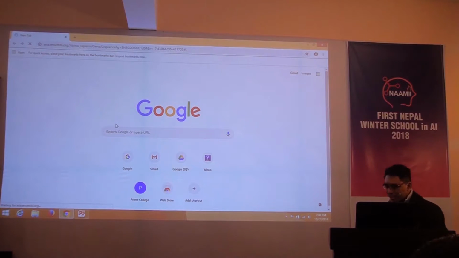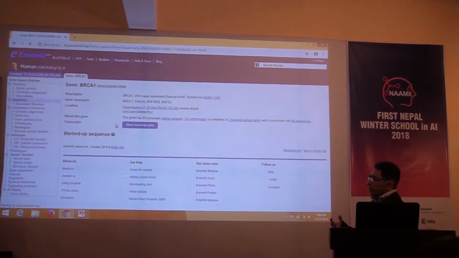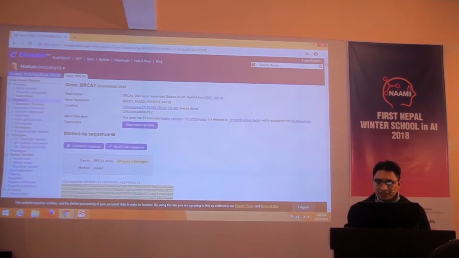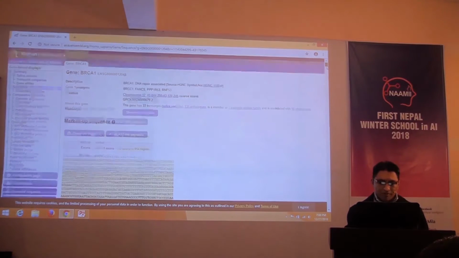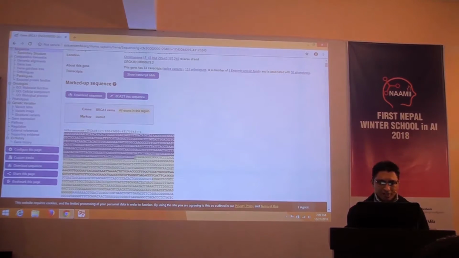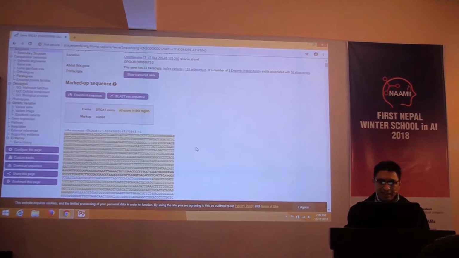There are various databases that compile all the information of the genes. This is the same gene that I was talking about. You can see here that this gene starts from around this area and has A's, T's, C's, and G's, but in different combinations.